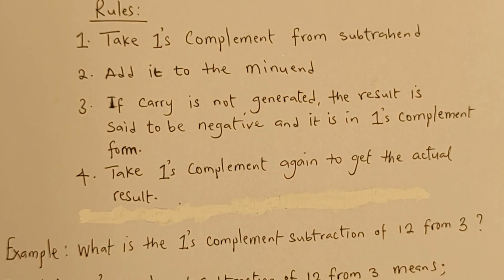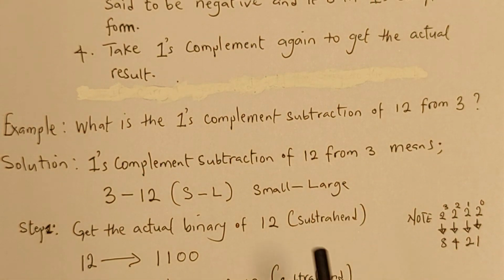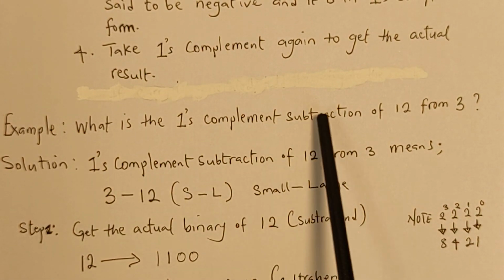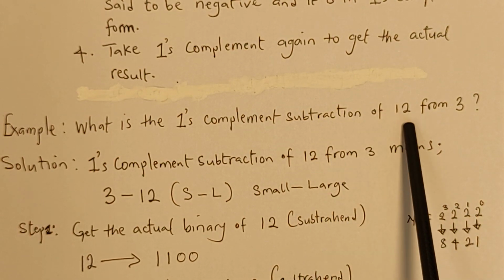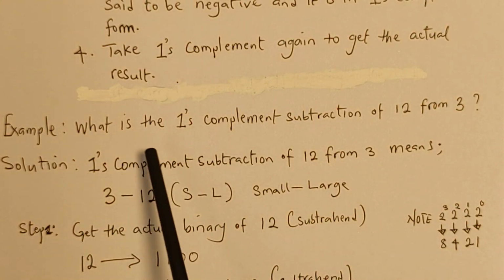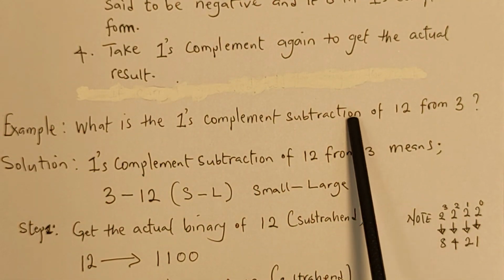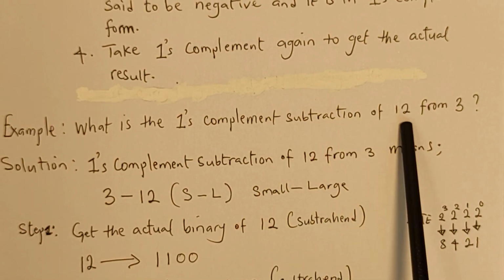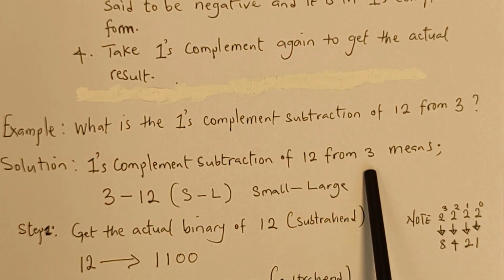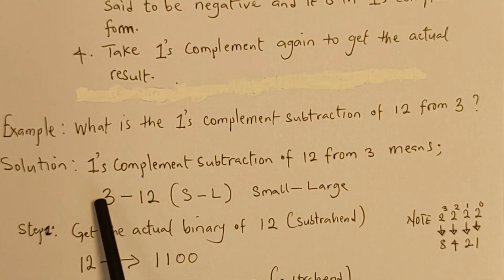Alright, so let's take the first example. The first example says, what is the 1's complement subtraction of 12 from 3? Now you need to understand the question before you can have an idea on how to properly arrange these values. 1's complement subtraction of 12 from 3 means that you need to subtract 12 from 3.